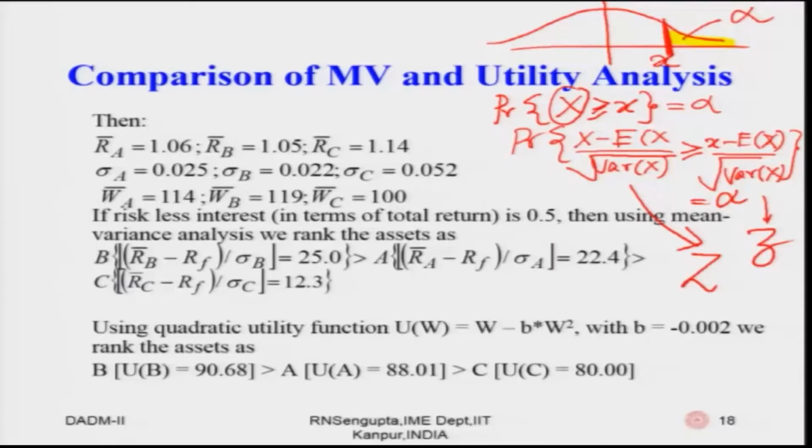Now, using the quadratic utility function, giving a value of b as minus 0.002, when we rank them and find the utility values of A, B, C, the utility of B comes out to be 90, for A it comes out to be 88, and for C it comes out to be 80. Now, remember here, even though I have written the probabilities as 1/5 for all the cases, we are not considering that. You can change the probabilities, that would not have any effect on the calculations.